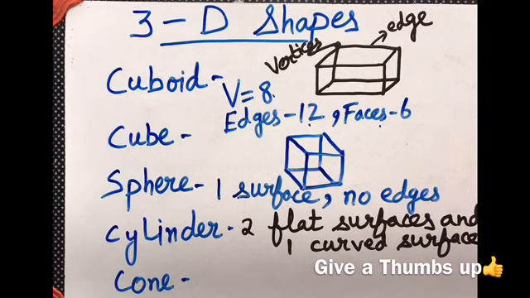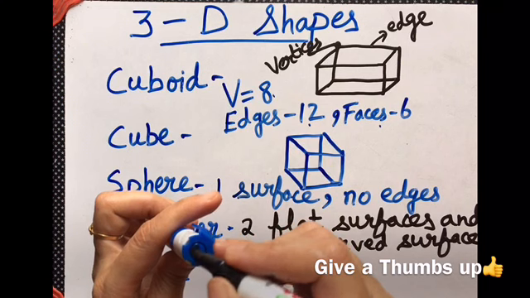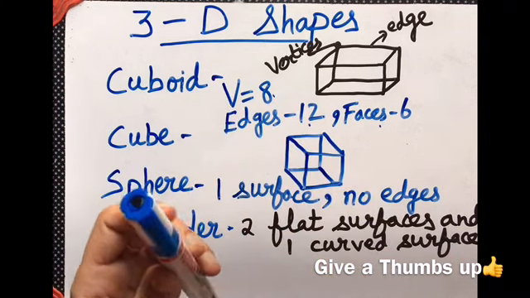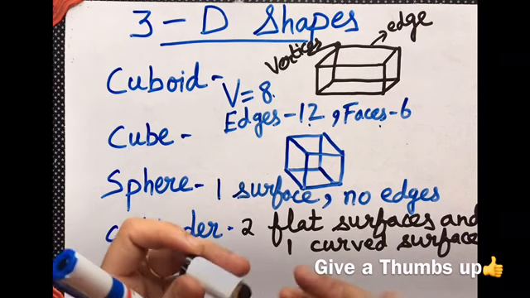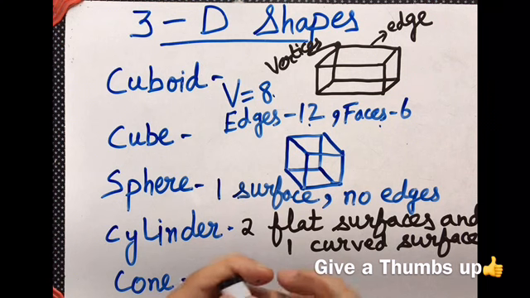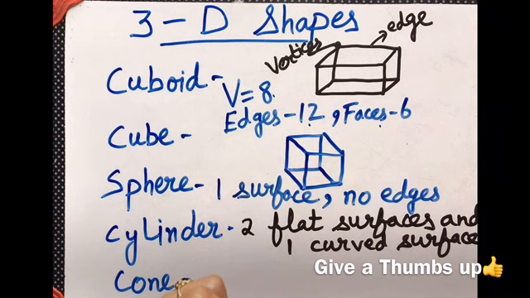Again you can check, this is one surface, this is the second surface and this one is the third surface. So every cylinder has 3 surfaces. Now it has 2 edges, one is this topmost and one is bottommost. So every cylinder has 2 edges.